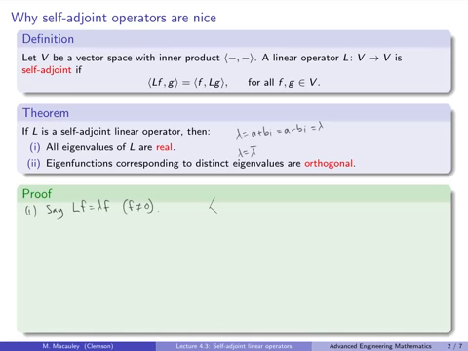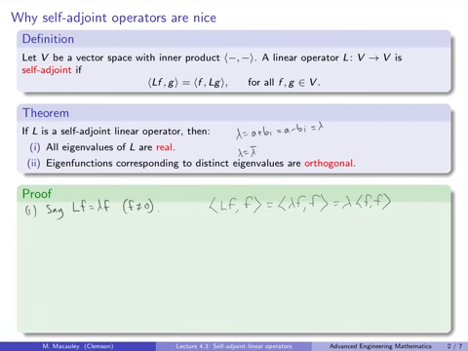I'm going to take the inner product of Lf and f, Lf dot f as I usually say it. Now I'm going to turn the L into a lambda, lambda f dot f, and then I'm going to pull out the lambda, so lambda times f dot f.